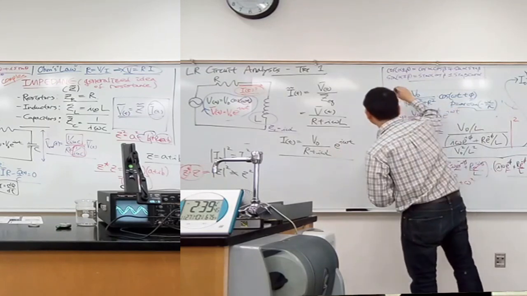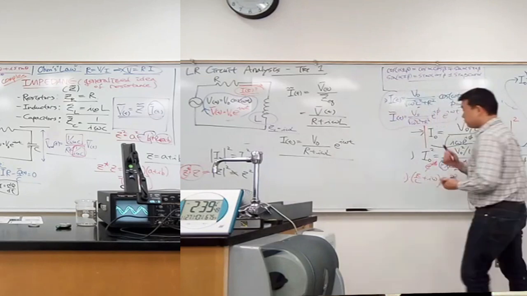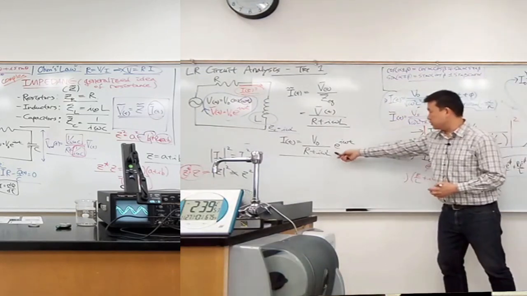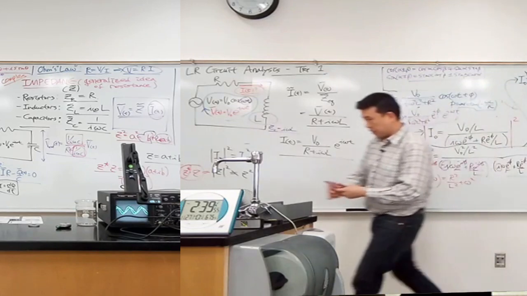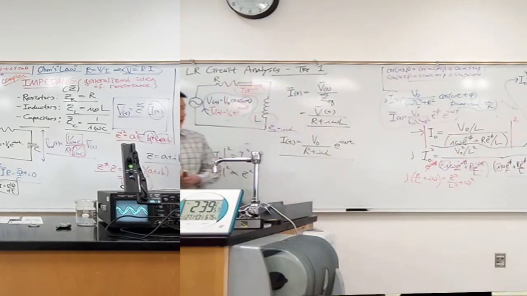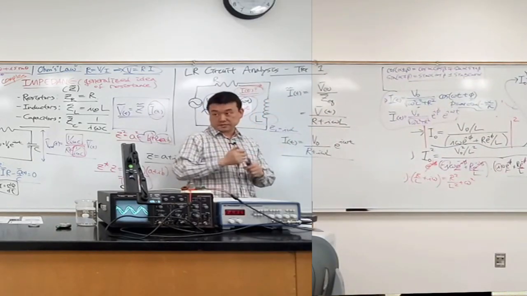If you are trying to compare this answer to these answers, right now it might not look quite like it. But this is the part where you have to carefully identify coefficients.